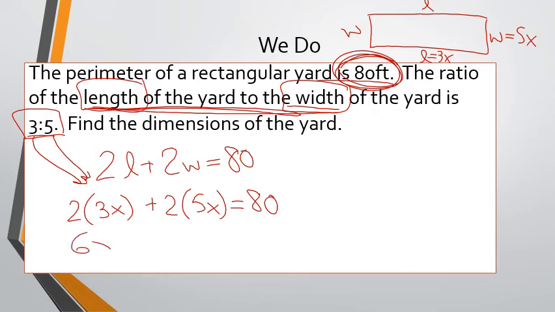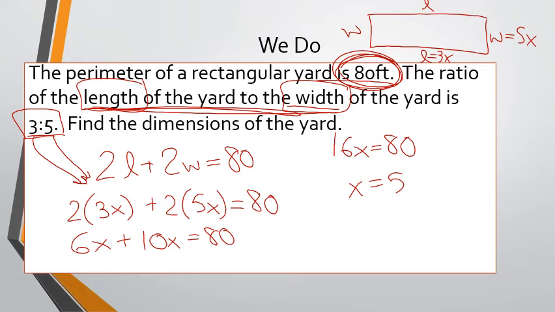So it's 6x plus 10x equals 80. It's 16x equals 80. We want to go ahead and divide by 16. Again, what's hard about this is it's multiple steps. We get x to be 5.